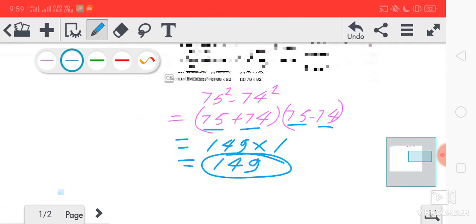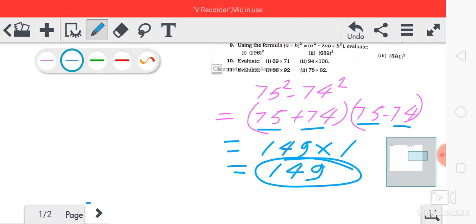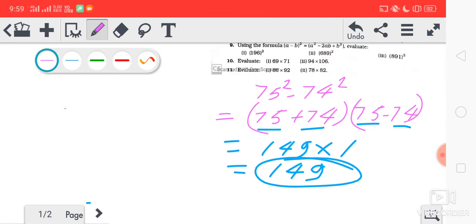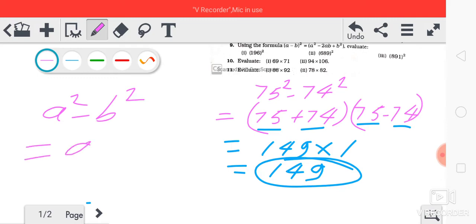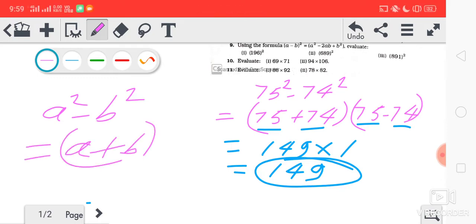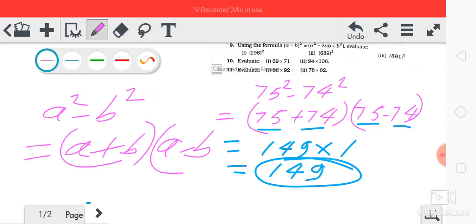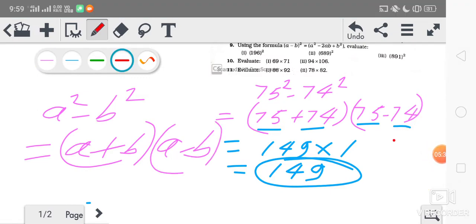We just have to remember the formula. Which formula? a square minus b square is equal to a plus b into a minus b.